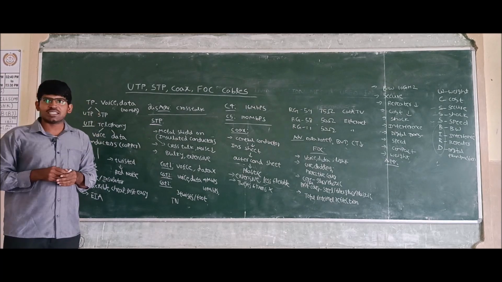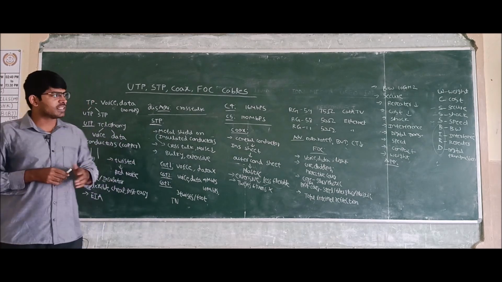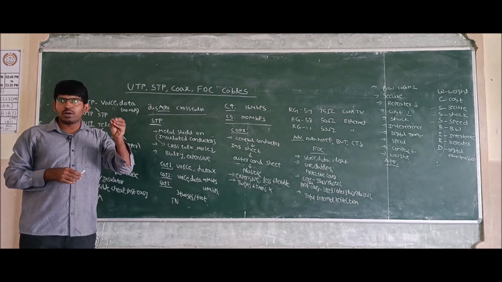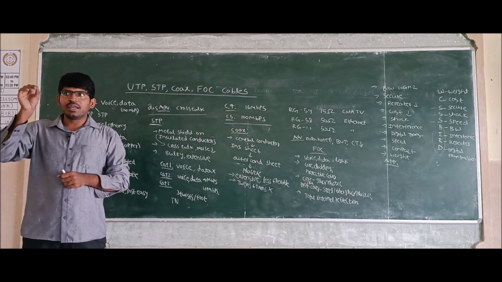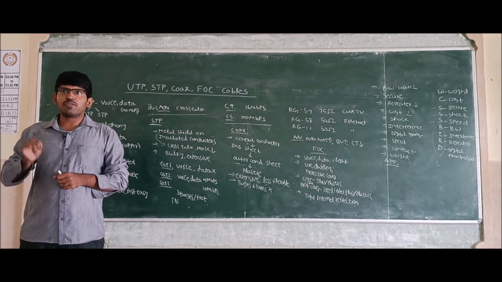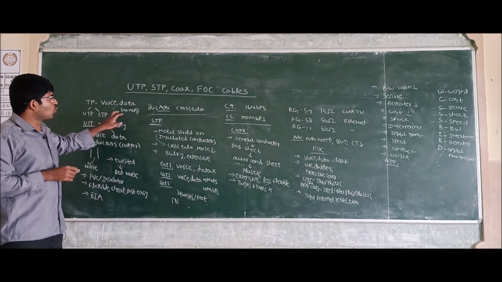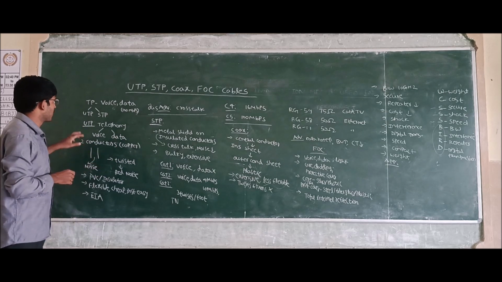As the name suggests, here the wires will be twisted. Generally we communicate either voice or data in these twisted pair cables. In the old telephone lines, and now also, we are using twisted pair cables majorly for voice communication. Data up to 100 Mbps we can transmit through these twisted pair cables.